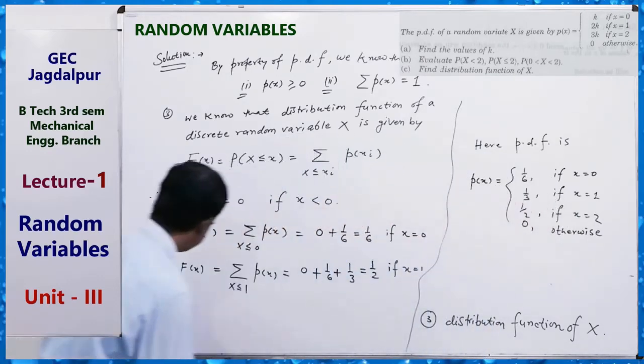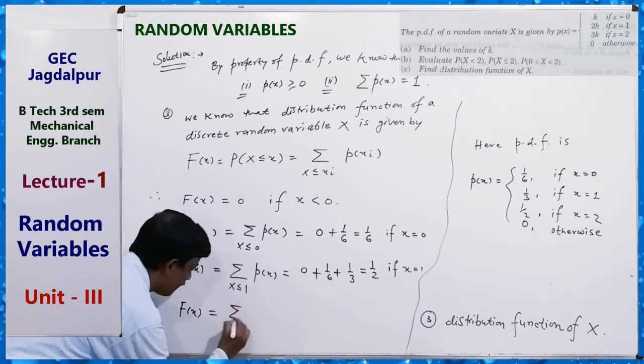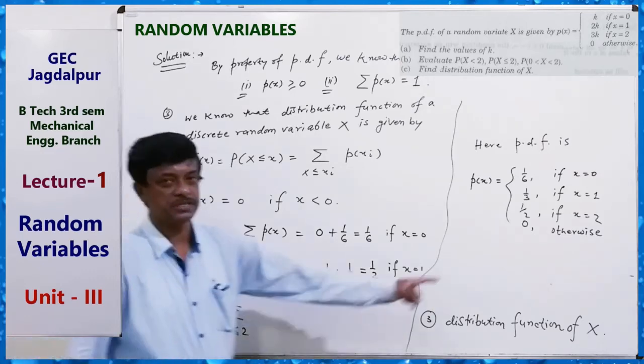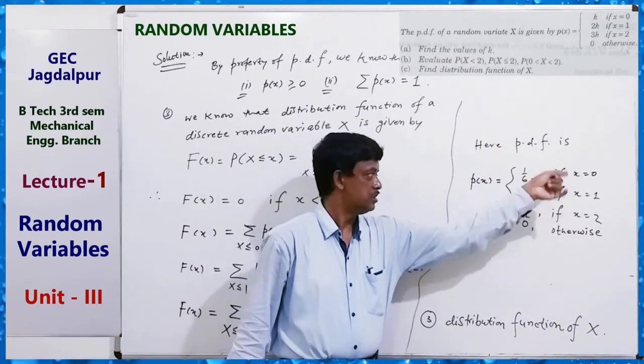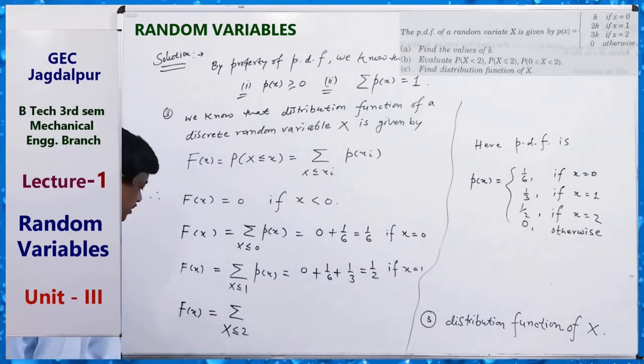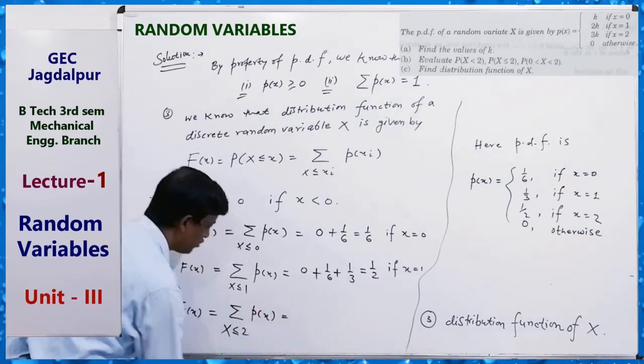And again, F(x) equals what? Capital X less than or equal to, step by step: less than 0, 0, 1, 2 and otherwise greater than 2. This P(x) we can get what?